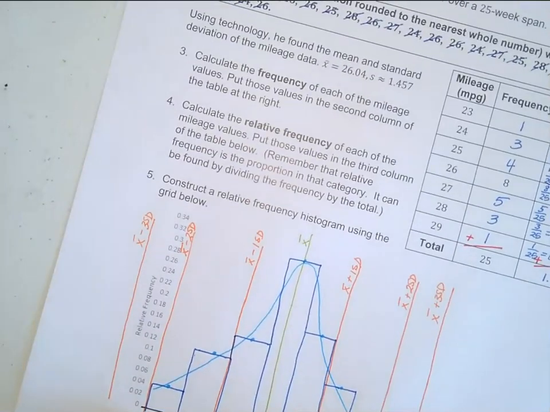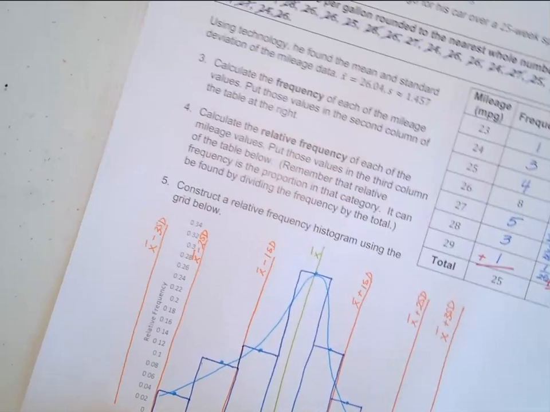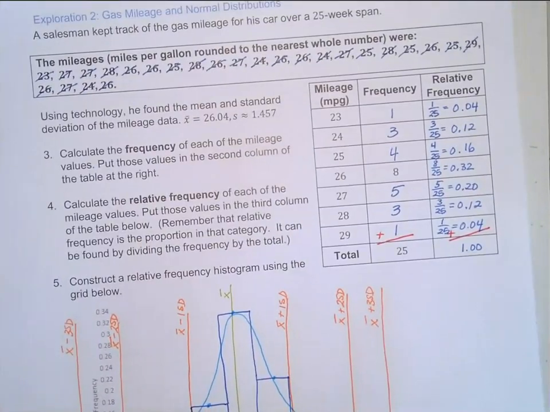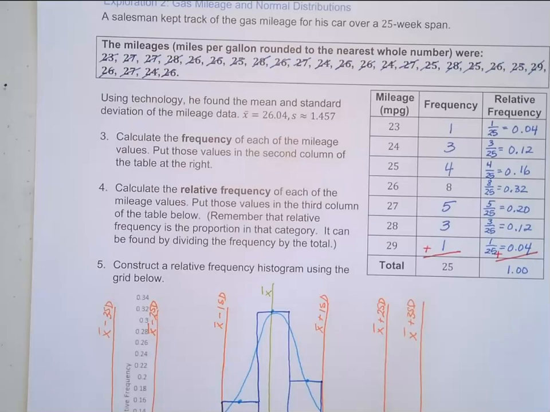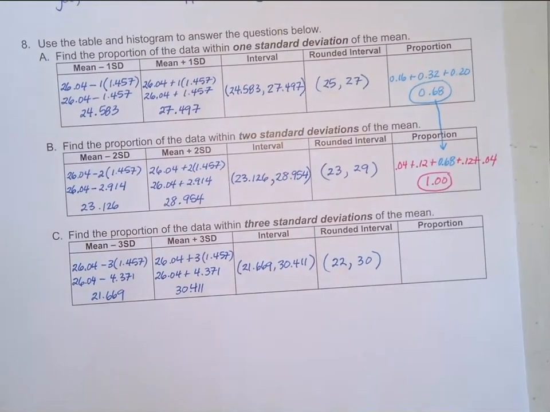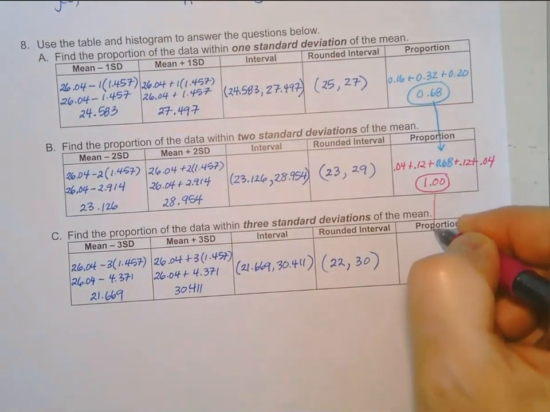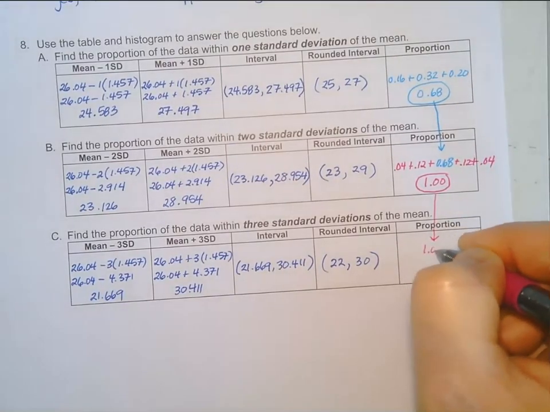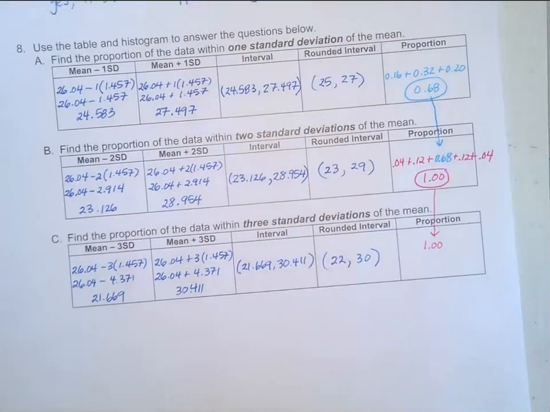But there's nothing to add, is there? We already have 100% of the data taken within 2 standard deviations. Do you see that? So all I'm going to do for this last one, where it says what proportion of the data falls between it, is bring down this one, and there's nothing to add to either side.